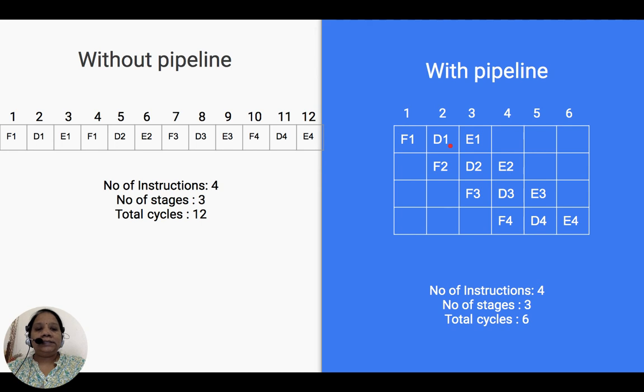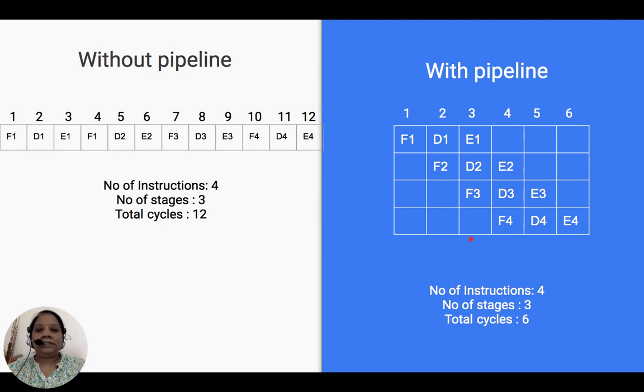But since there is a pipeline, in clock cycle 2, not only is the first instruction decoded, but simultaneously the second instruction is also fetched. When the first is decoded, the second is fetched. Similarly, in the third clock cycle, when the first is executed, the second moves to the decode phase and the third instruction is fetched.